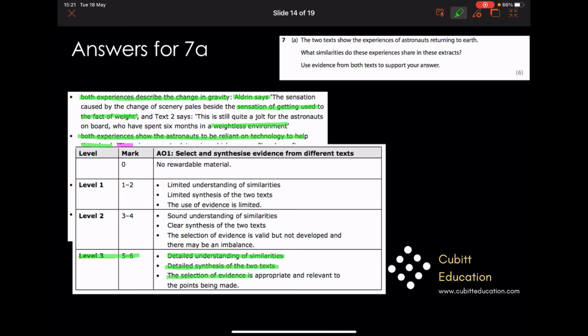The selection of evidence is appropriate and relevant to the points being made. Again, those quotes in there are your evidence, and that is how you'll get maximum marks, by putting in evidence from each text to back up your point. And that will give you the entire 6 marks. So please try and get all of those marks in there.